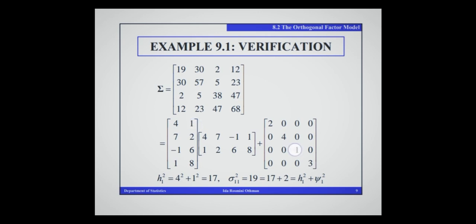Okay, ini adalah psi tadi kan, matrix of psi, which is the diagonal matrix of psi, ataupun dipanggil specific variance. So 2 ni adalah psi 1, 4 adalah psi 2 sehingga psi 3.